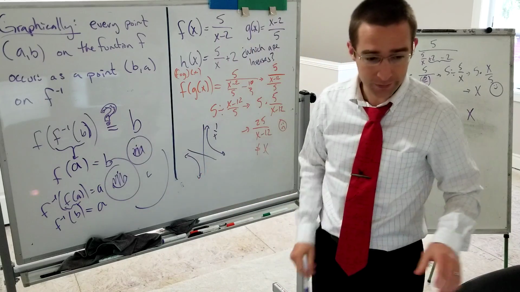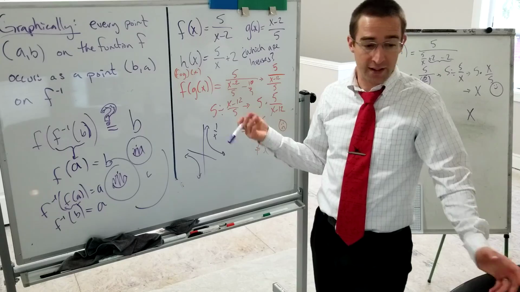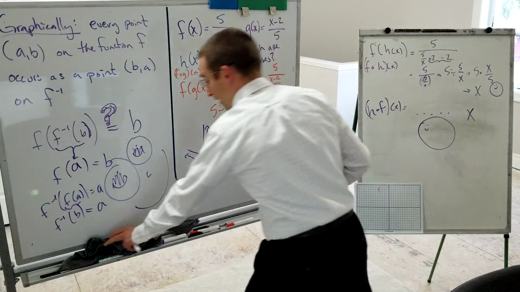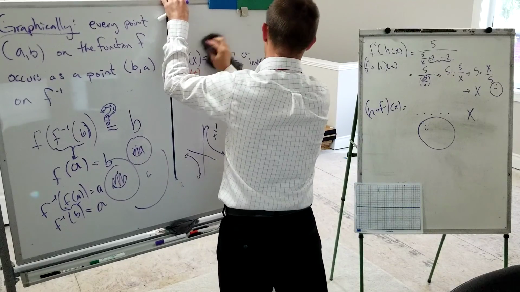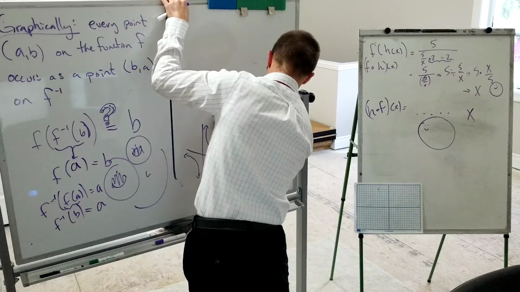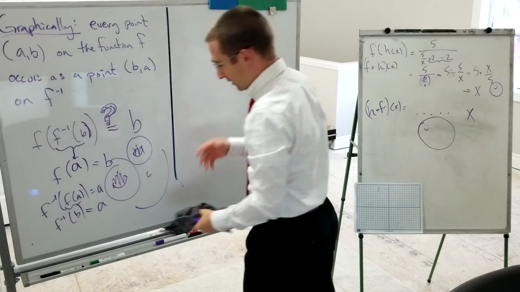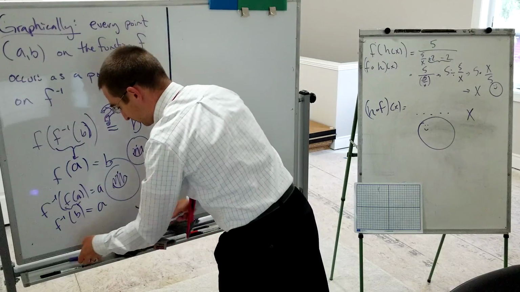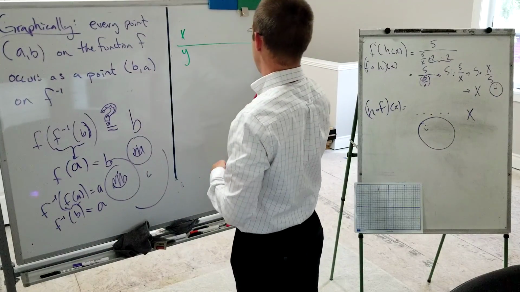Cool. All right, so let's say that the function f of x is more than like 2 points on it. Let's actually do a little table example here. So let's say we've got this x, y table.